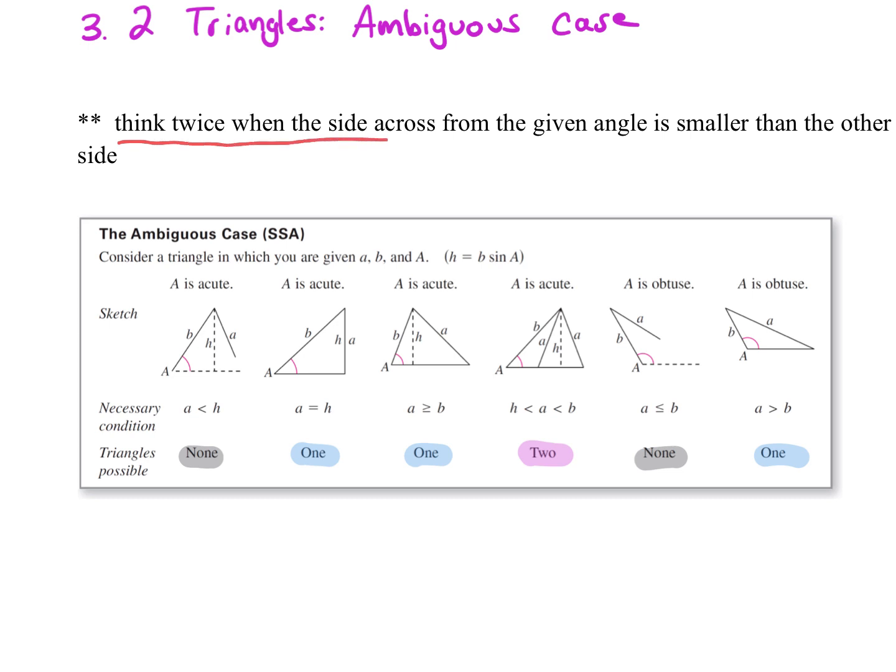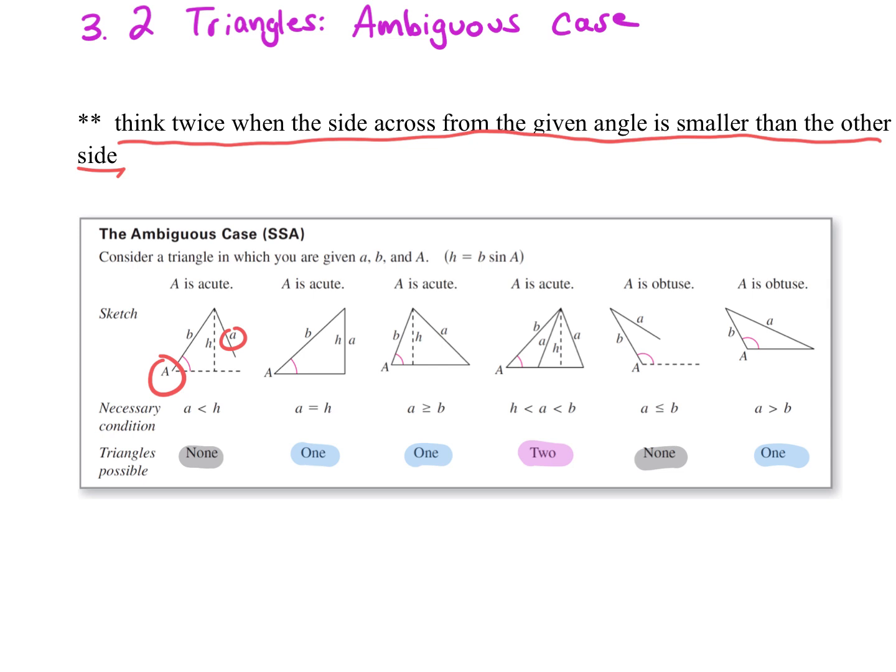We should think twice when the side across from the given angle is smaller than the other side. Why would we want to do that? Well, there's one case, if I have an acute angle and a short side a, it's possible that I cannot make a triangle. So that's something I want to be aware of.